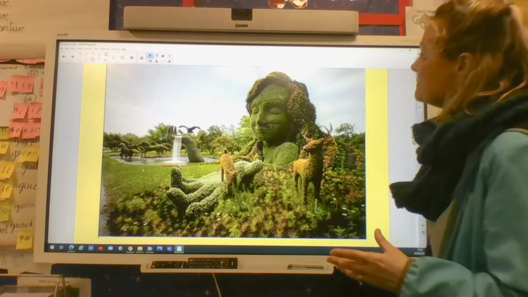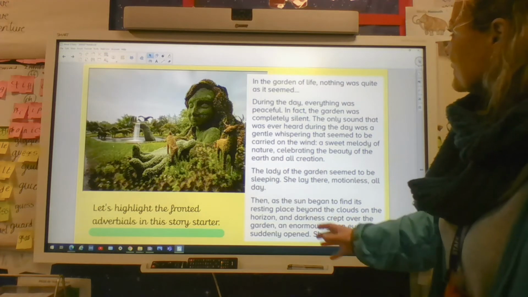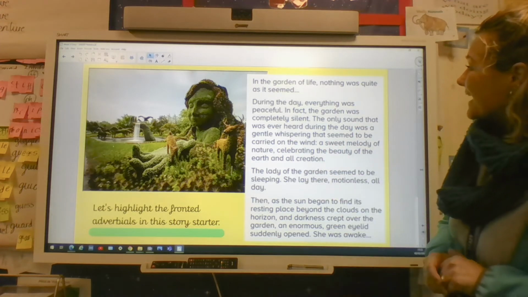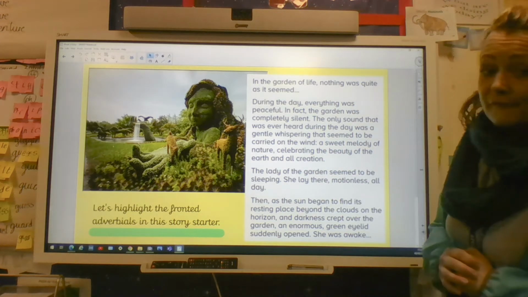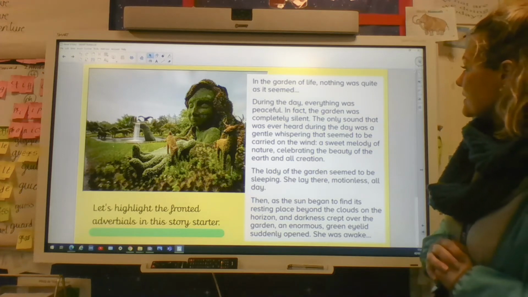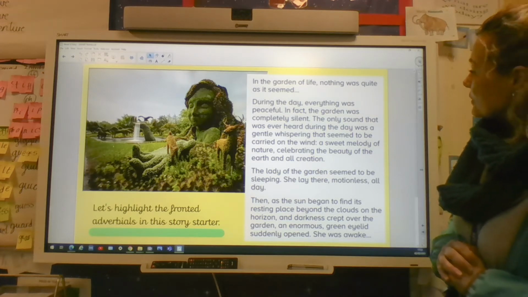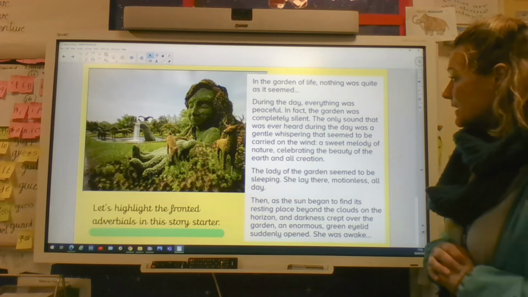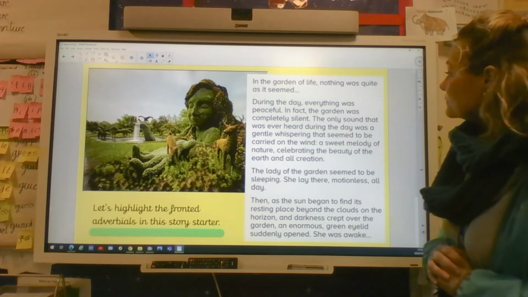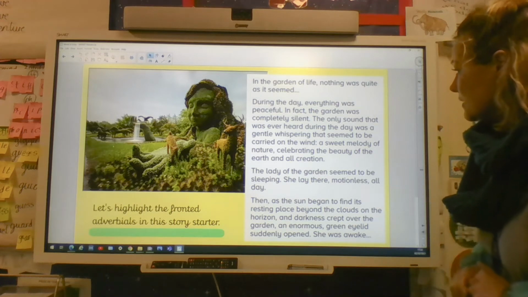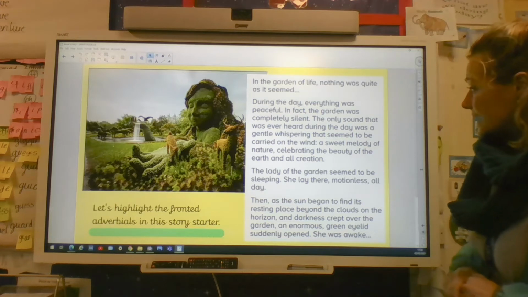Let's have a look. In the Garden of Life, nothing was quite as it seemed. During the day, everything was peaceful. In fact, the garden was completely silent. The only sound that was ever heard during the day was a gentle whispering that seemed to be carried on the wind. A sweet melody of nature, celebrating the beauty of the earth and all creation.